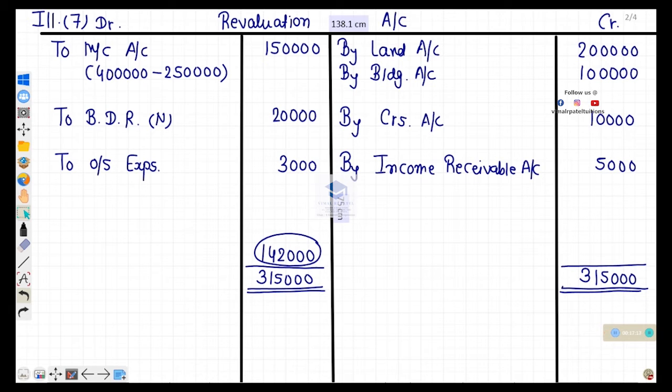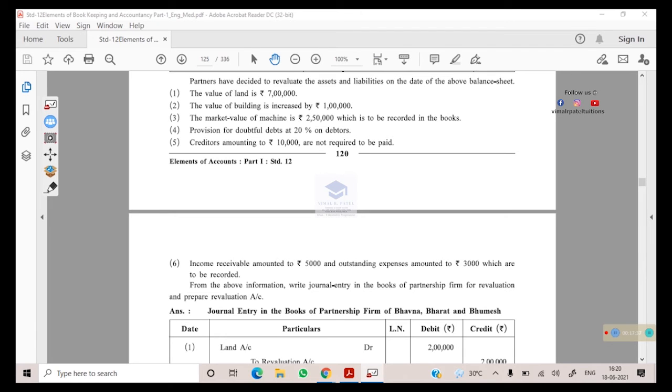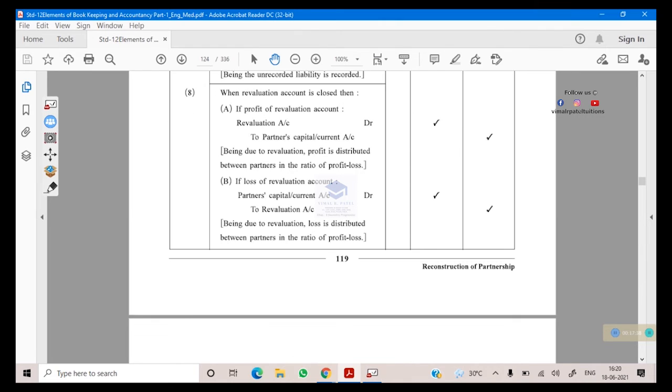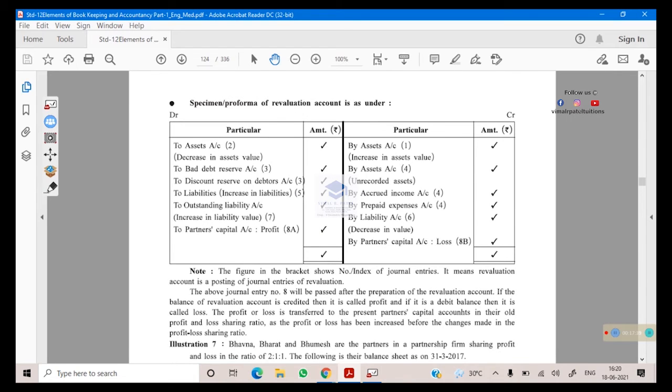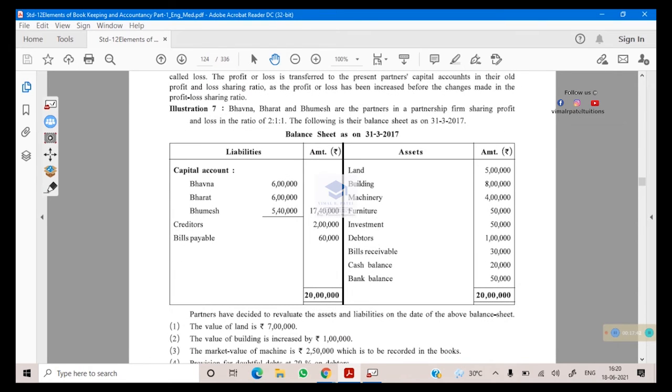1,42,000. This is profit, which will be transferred to the partners' capital or current account if it is given in the sum. Partners are Bhavna, Bharat and Bhumesh.